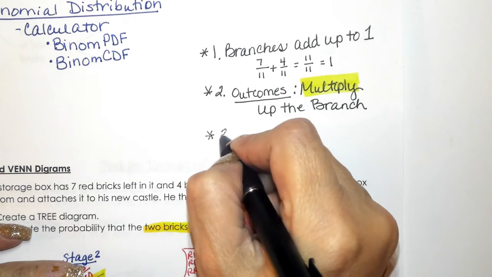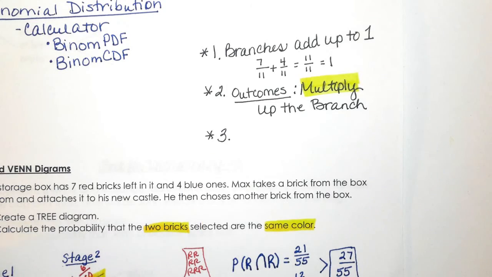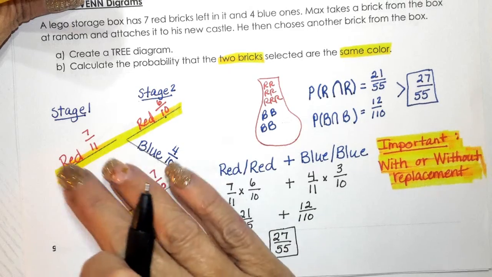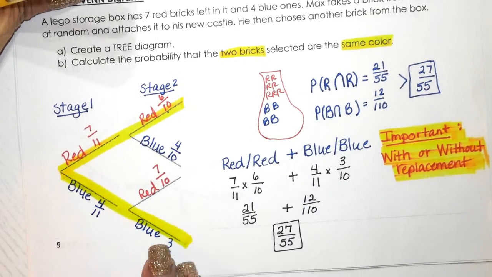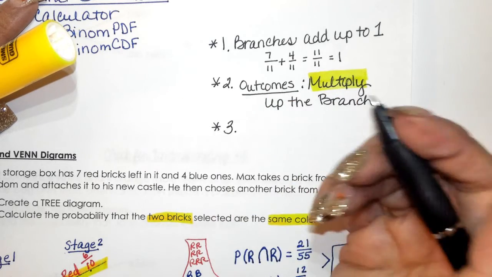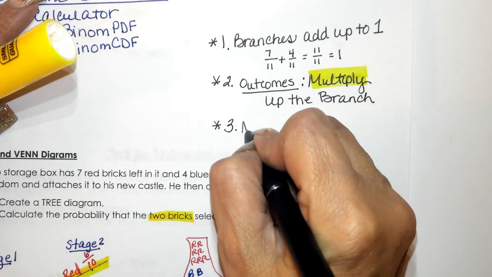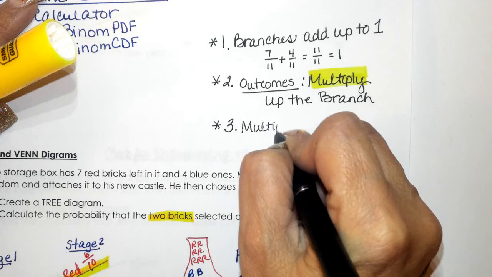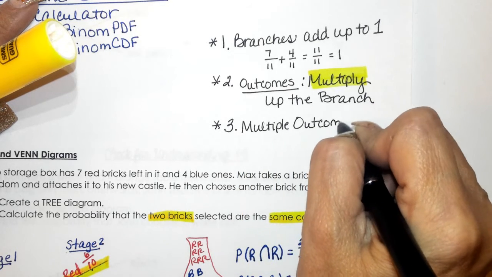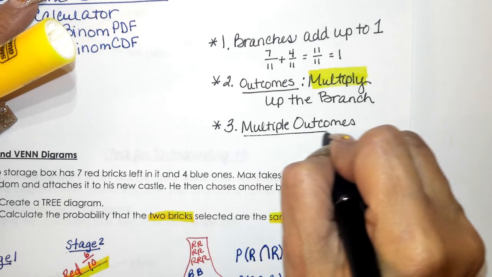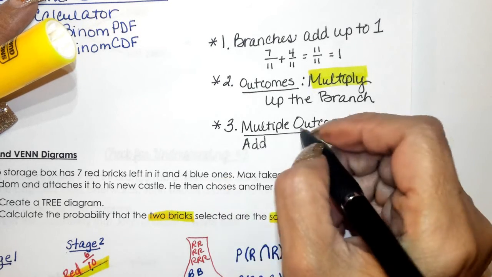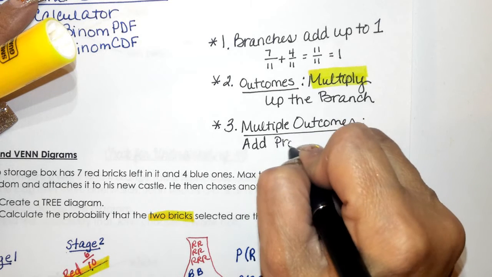And then the last thing I want to say, multiple outcomes. So in this scenario, you had red and blue. When you have multiple outcomes, you're going to add the probabilities up. So we're going to say multiple outcomes are going to add probabilities up.